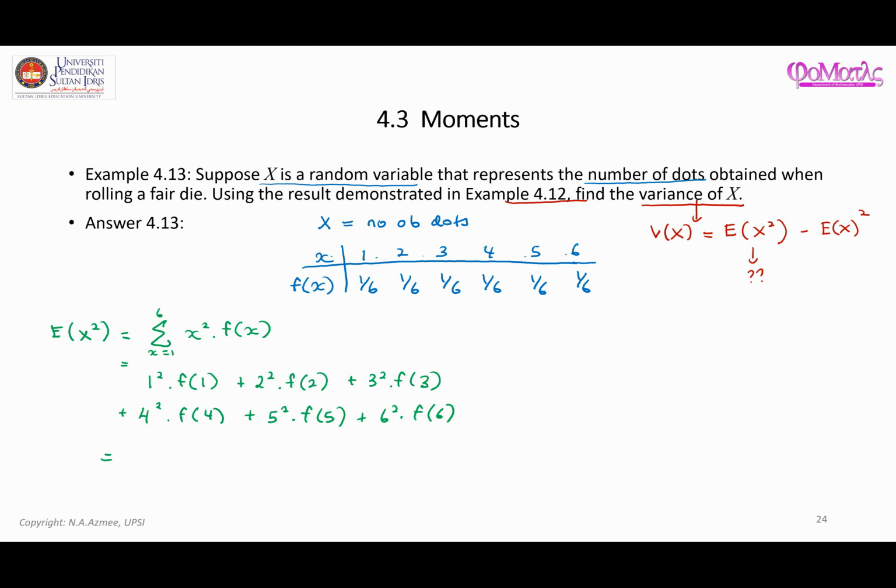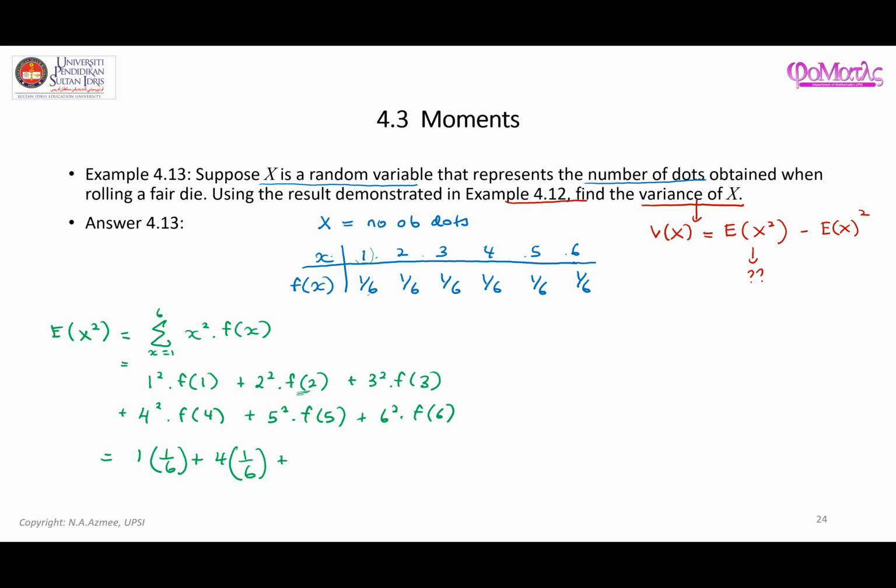This can be further written down as 1 times 1 over 6, since when x is 1, f(1) is 1 over 6, plus 4 times, when x is 2, f(2) is 1 over 6 as well.